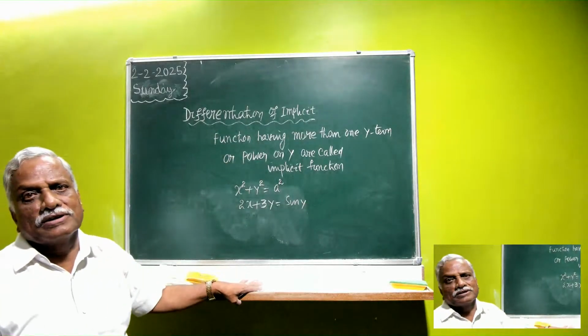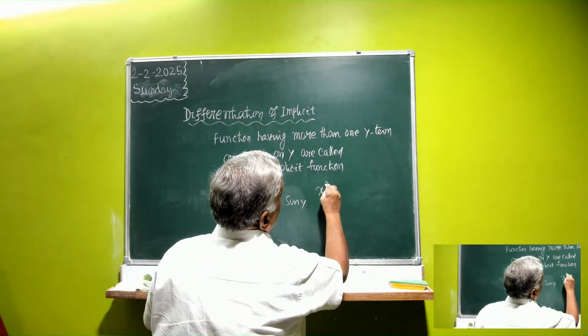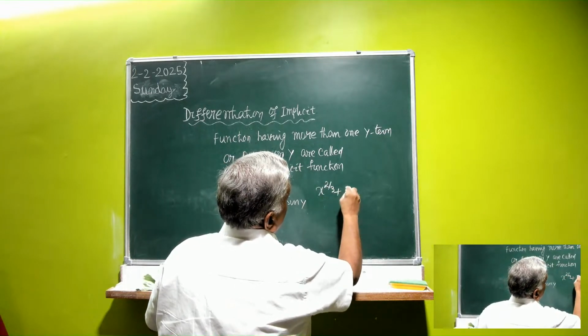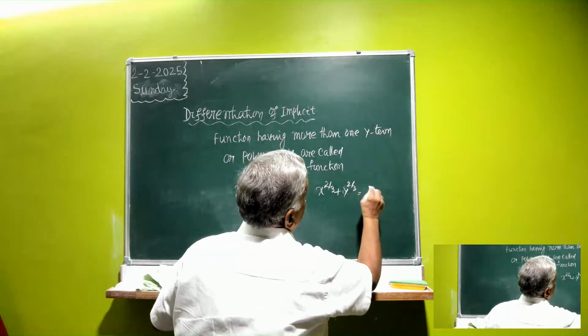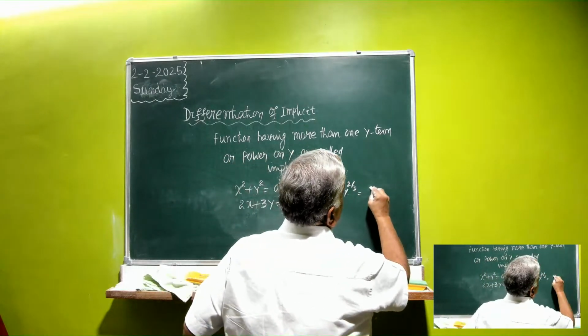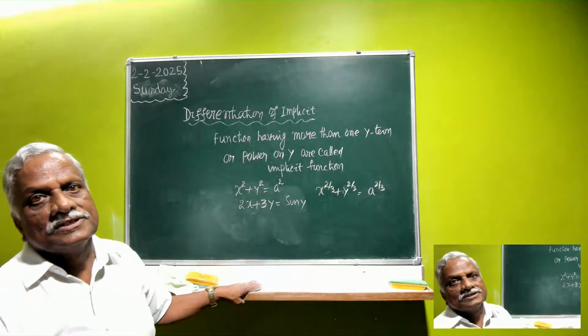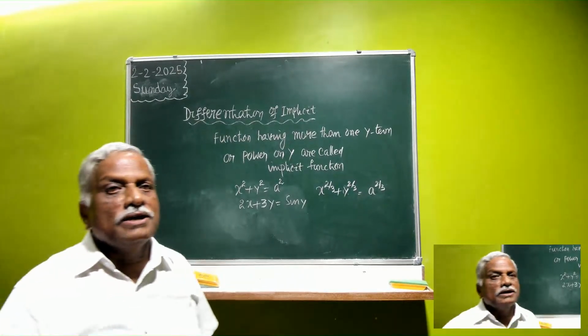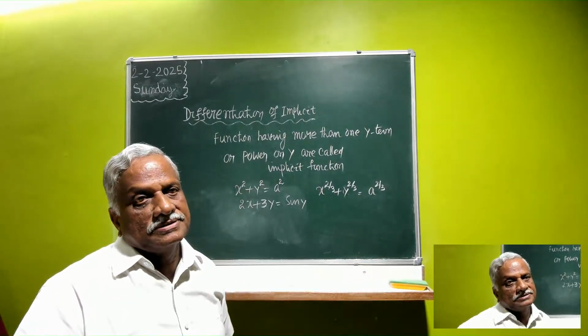I'm just giving 2 examples. Or x to the power of 2 by 3 plus y to the power of 2 by 3 is equal to a to the power of 2. Such types of problems are called implicit functions.